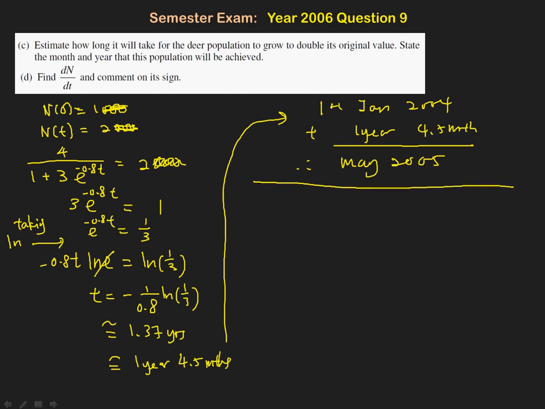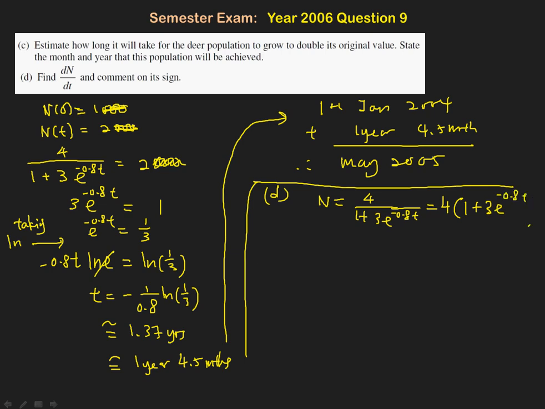And now in this part we need to differentiate N. So N is this here, and I'm going to express it as follows, because this makes the differentiation easier. I don't want to use the quotient rule, I want to use the product rule.